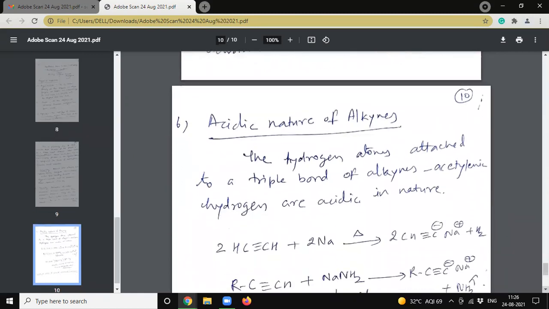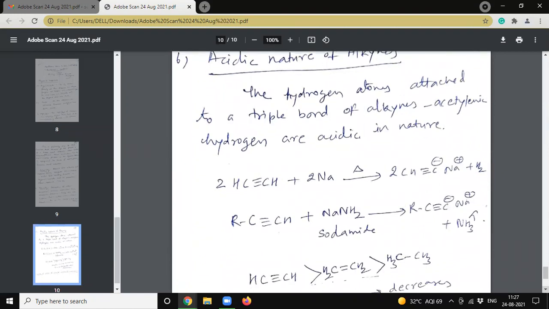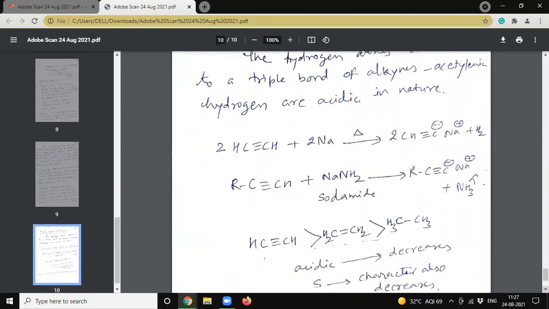Acidic nature of alkynes. The hydrogen atoms attached to a triple bond of alkynes, acetylenic hydrogens, are acidic in nature.